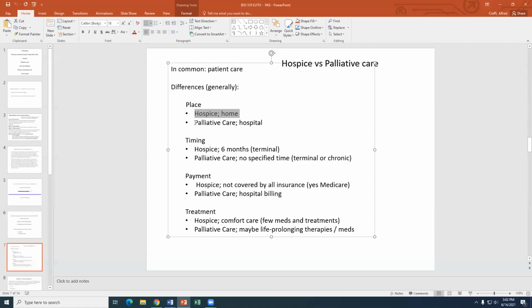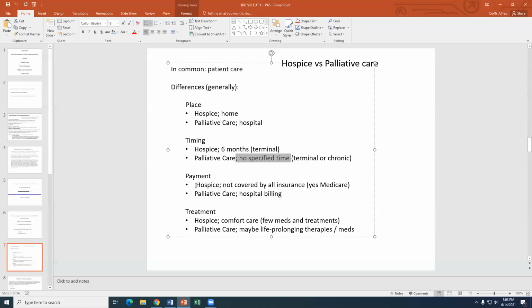Whereas palliative care typically is in the hospital setting.